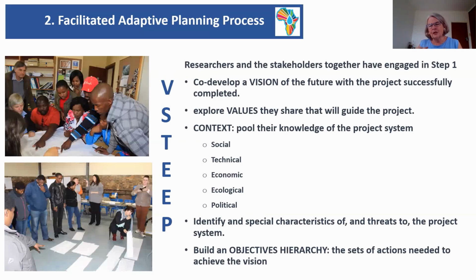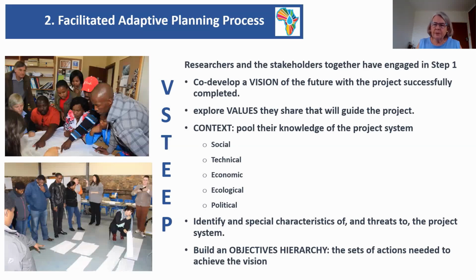What's excellent about us? What's good? What are the things we value that we don't want to lose, so that in our decision making, we take care of those? And then we look externally and we say, given this vision, what are the threats? What are the big things that might stop us from making progress? Because those two things give us a bit of an envelope for the actions that we plan.